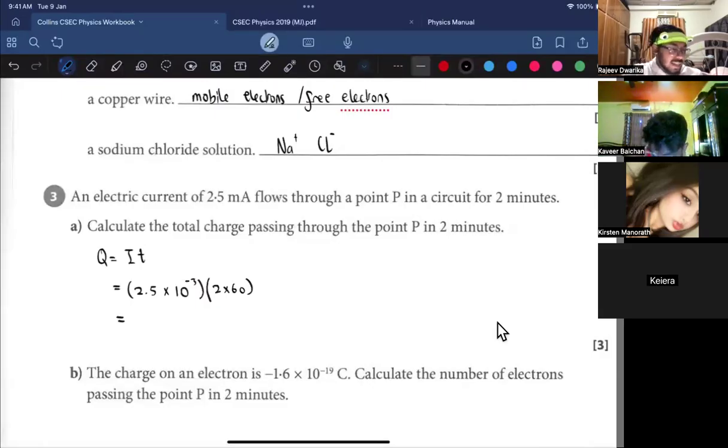Kira, did you know that milli is 10 to the power minus 3? I just remember that from physics.